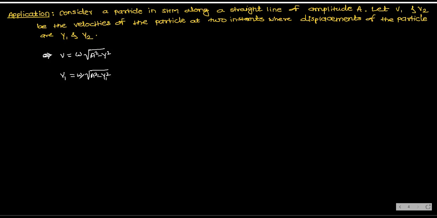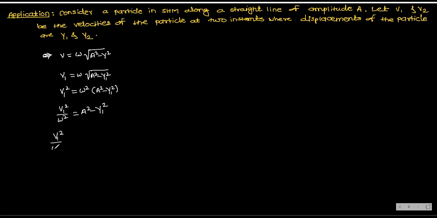Similarly, so wait, first we will do some simplification. So I am transferring this here. So v1 square first, squaring on both sides, omega square a square minus y1 square, and therefore v1 square by omega square is equal to a square minus y1 square. Now I'm transferring this y1 square here.